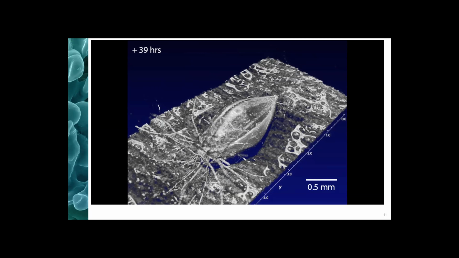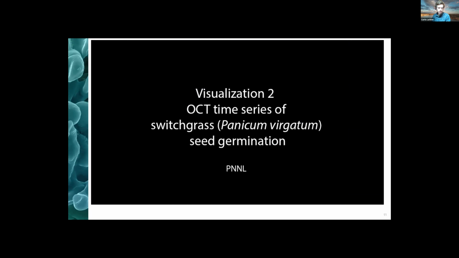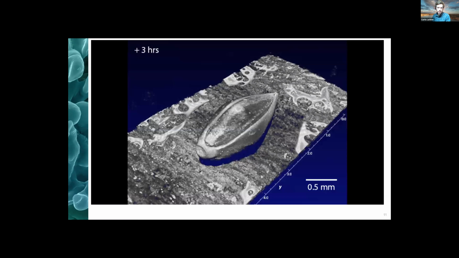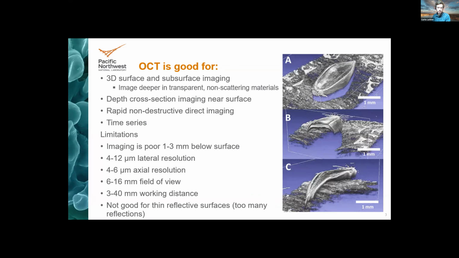Thank you very much. As a reminder, and I'll try to jump back to that slide, the imaging depth is 1 to 3 millimeters. It depends a lot on what kind of sample you have. If your sample is really scattering, like a bunch of little particulates, it's going to be a lot less than 1 millimeter.